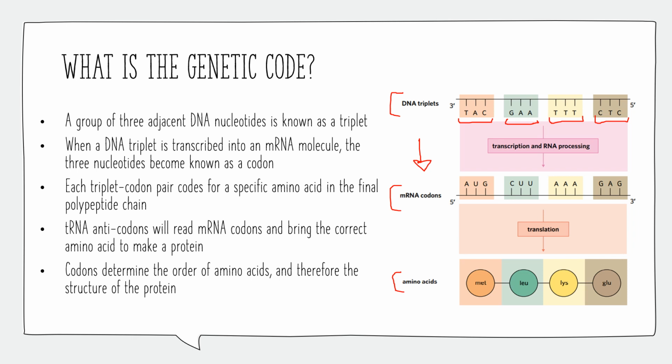It's a temporary molecule that is basically not a replica of the DNA sequence, but it's a readable version of the DNA sequence, okay, that we can use to make proteins. So these DNA triplets are transcribed into mRNA codons. Okay, so in DNA it's triplets, in mRNA it's codons, and we'll talk about how it's transcribed a little bit later on.